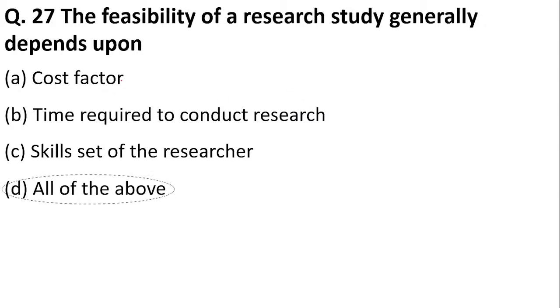Cost factor means if you are doing a research which involves very expensive stuff and you are not able to buy those, then the research will not be conducted. So cost factor is very important. What will be the cost involved, how much time the research is going to take. You cannot do a research which is going to take 60 years. This is not feasible. Then skills, the appropriate level of skills are also required. So all of the above is the right answer.